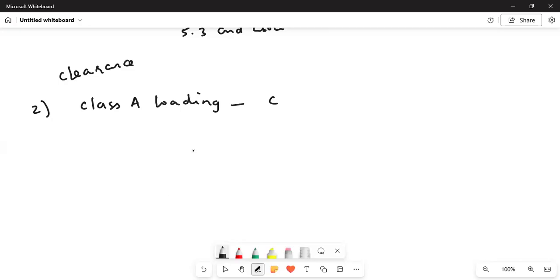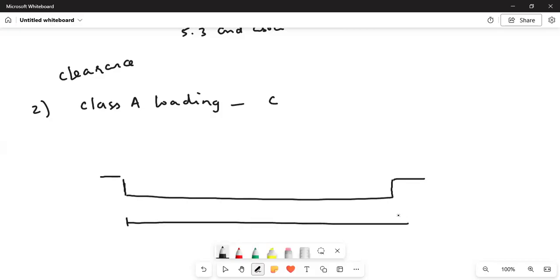Okay, so in the class A loading, this is the bridge that you have, and this is the width of the carriageway. So how will you put the load? Normally you will put two class A loading, one this side, one here.